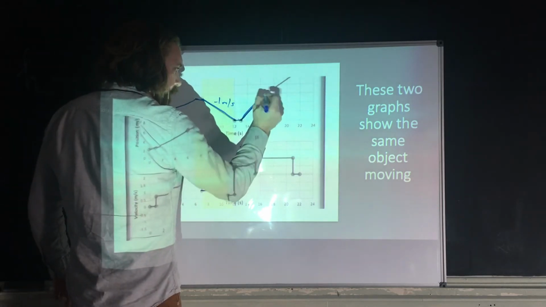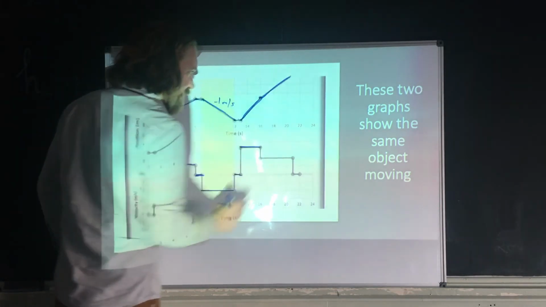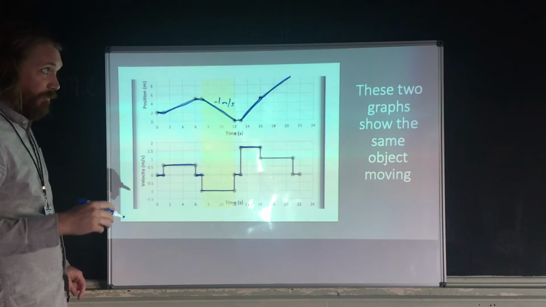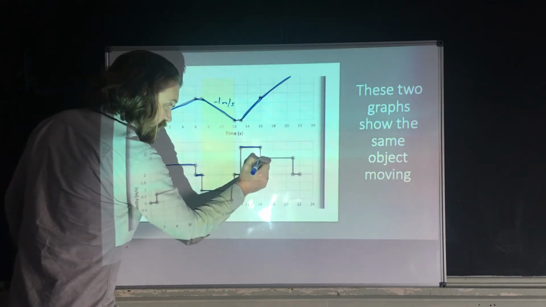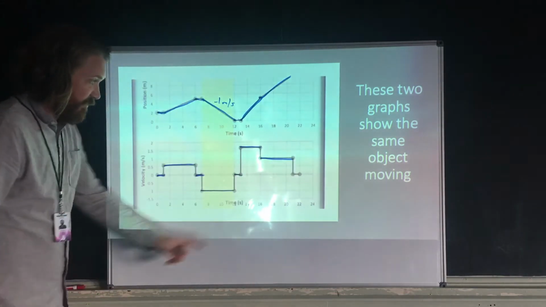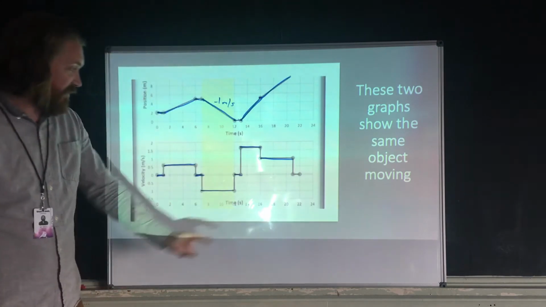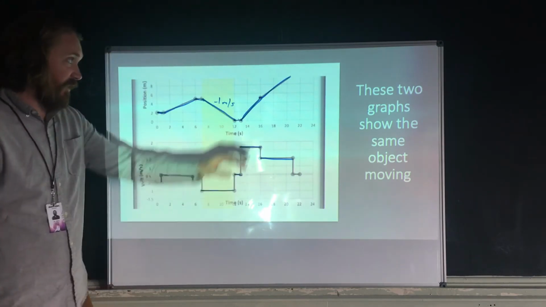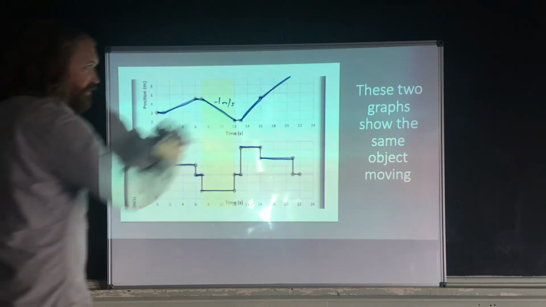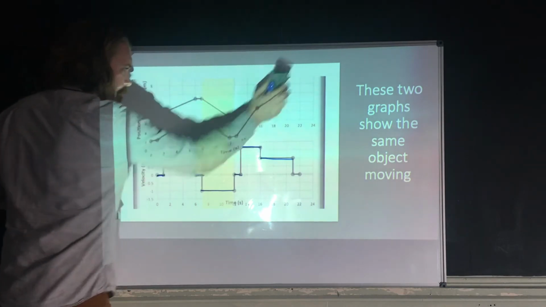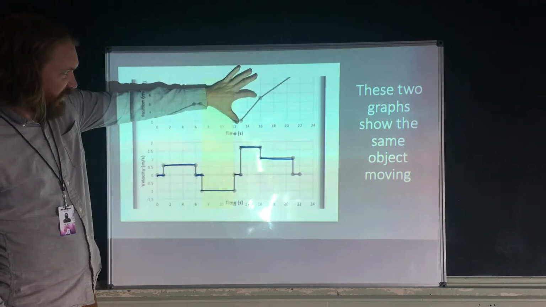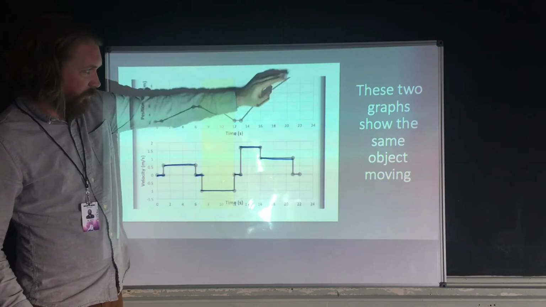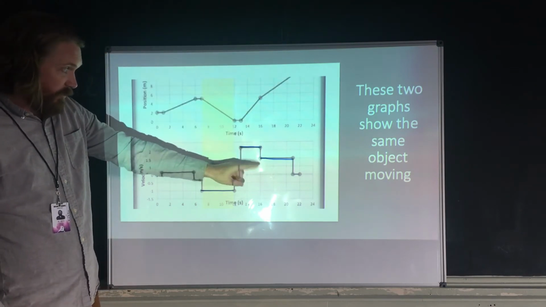Then we have a slightly less steep slope, but it's still going up, which means from 16 to 21 seconds, we have a different positive velocity. It's easier to see that if I erase these. This one's steeper, this one's a little shallower, which means this one's faster, and this one's slower.